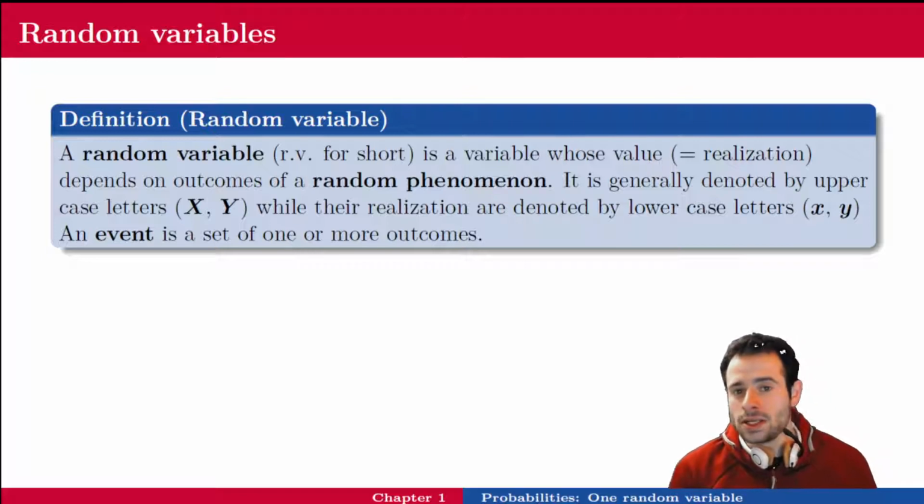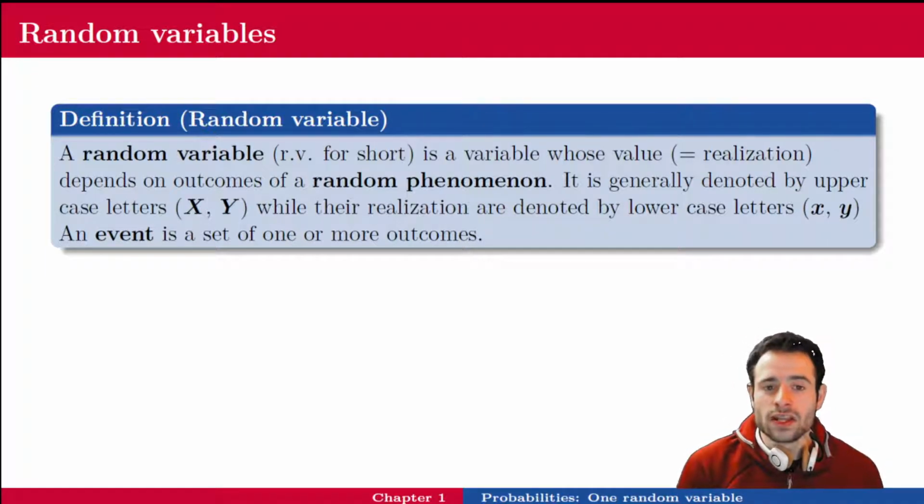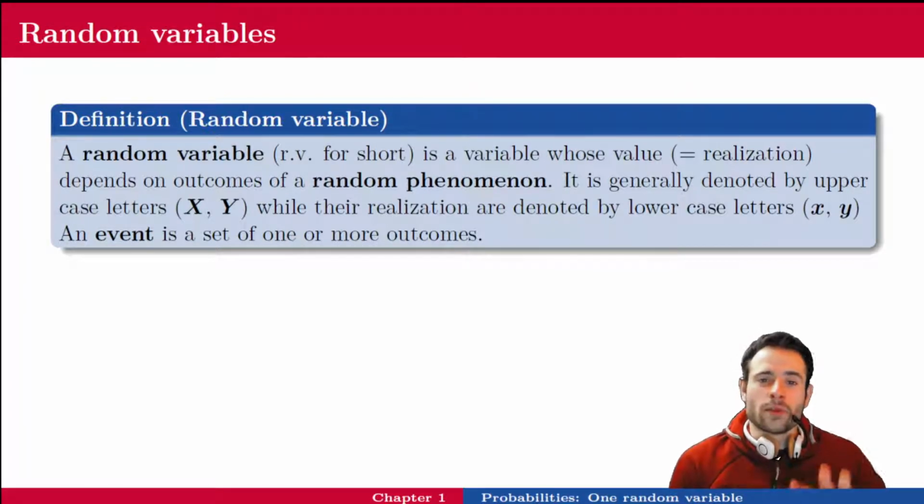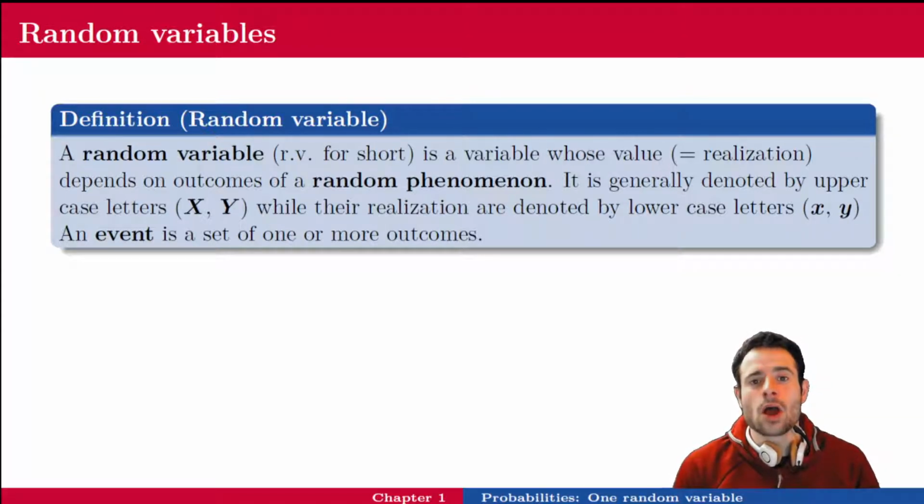In probability, this variable does not always take the same value. And this is a fundamental difference between the deterministic people who do pure math, and probabilistic people who are including some randomness, some chaos in these equations and in these mathematical concepts.